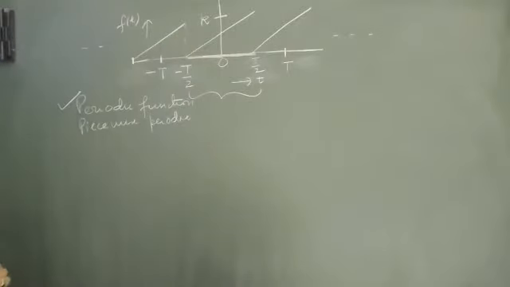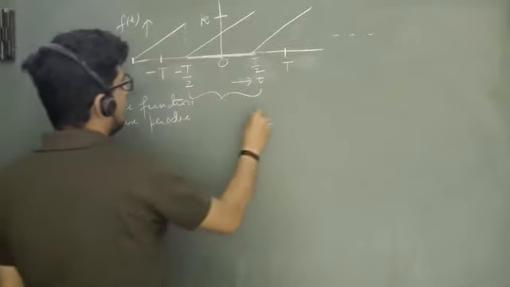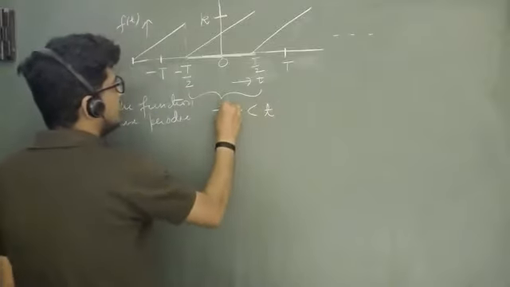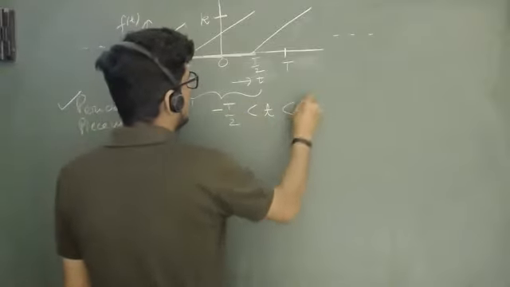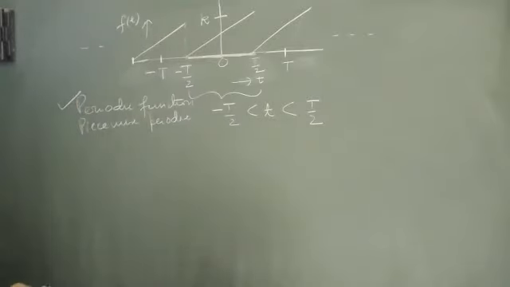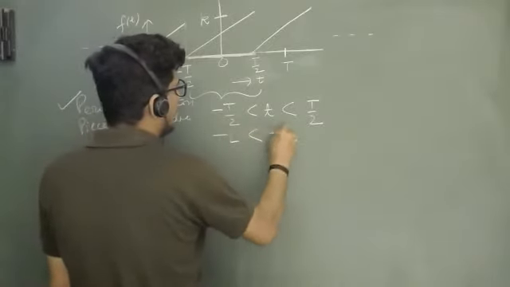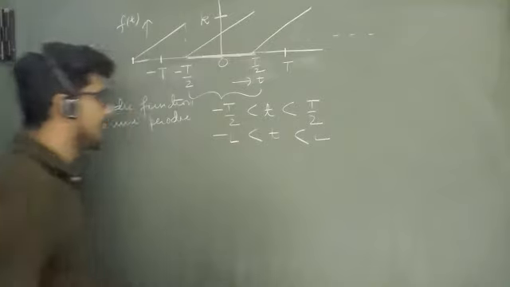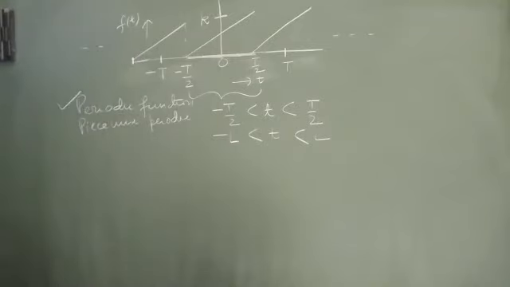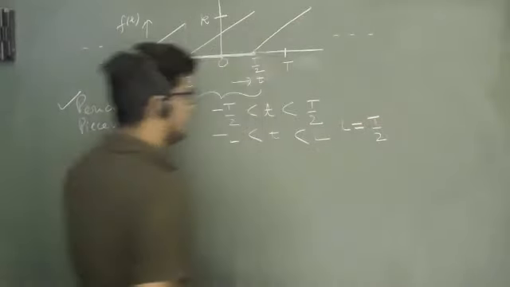So this part is repeated, in the range minus T by 2 to T by 2. Do you all agree? It is like the minus L to L case. And what is the value of L? T by 2.